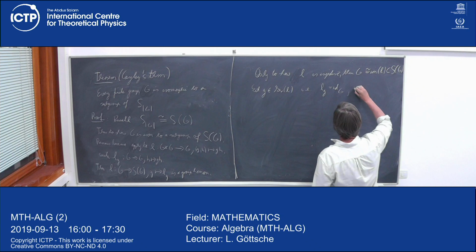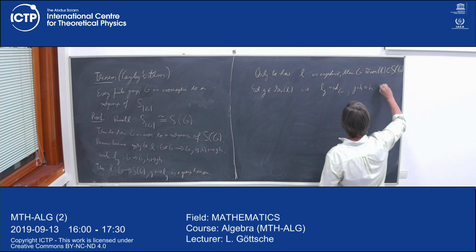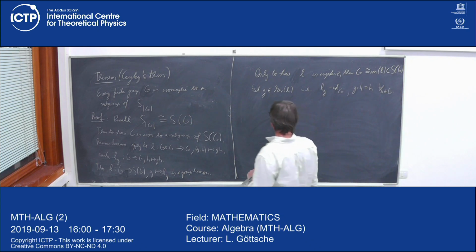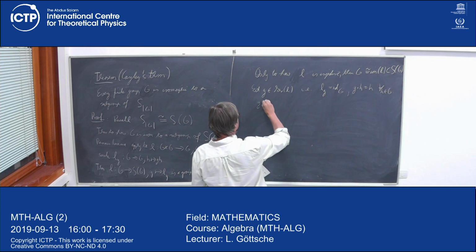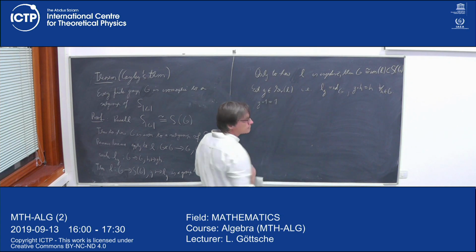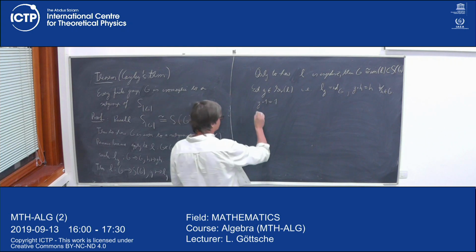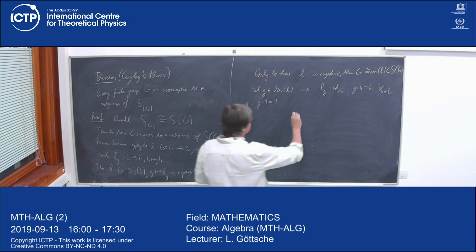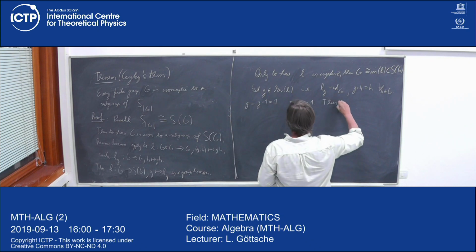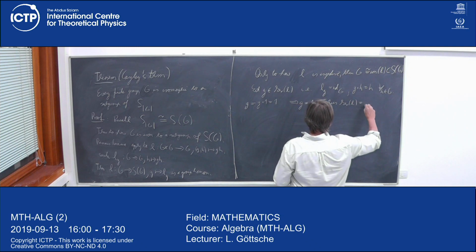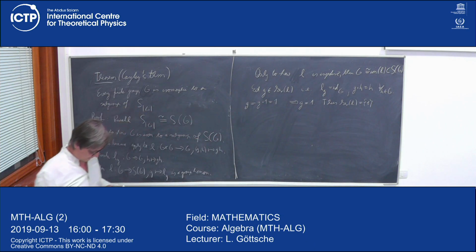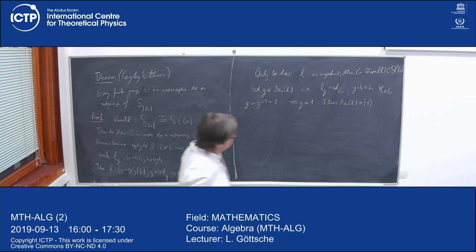So that means g times h is equal to h for all h in G. So in particular, g times 1 is equal to 1. But g times 1 is equal to g. So then it follows that g is equal to 1. So thus, the kernel of L is equal to 1 and the map is injective. And so that's it.